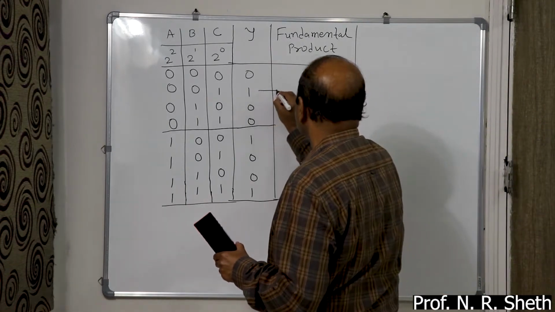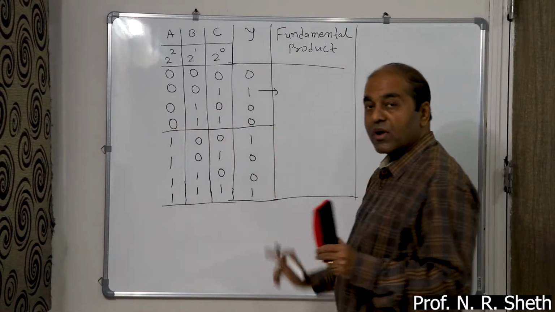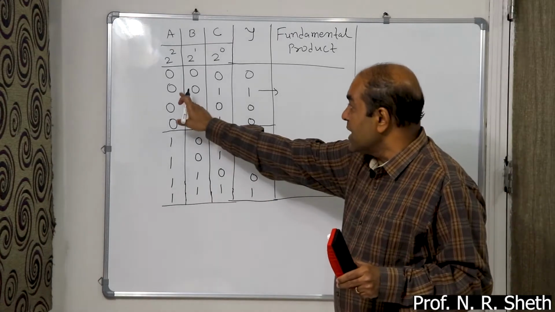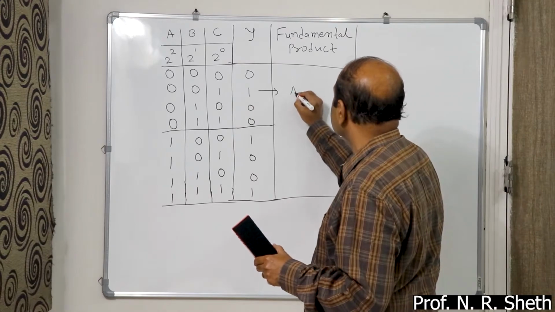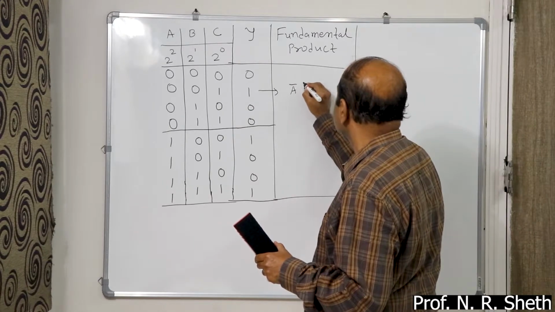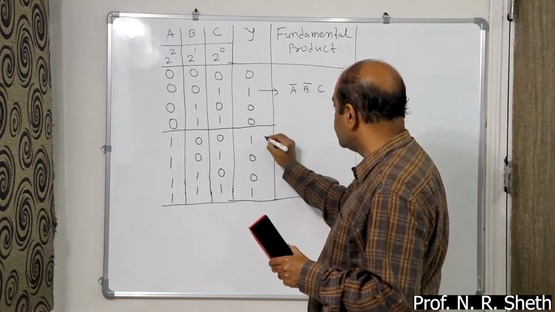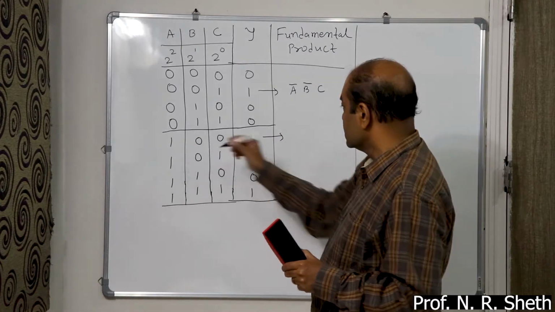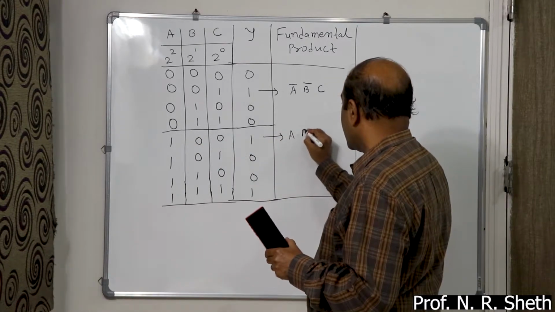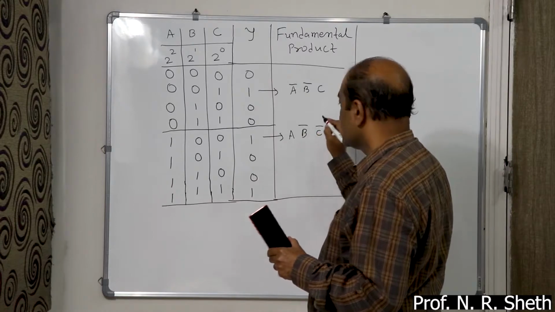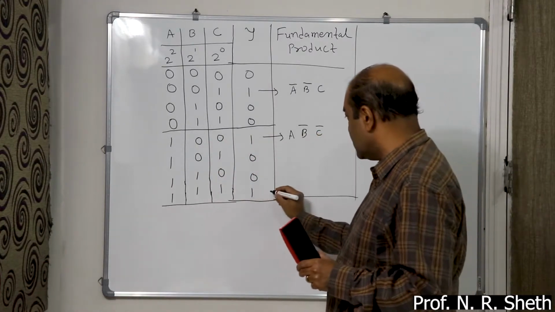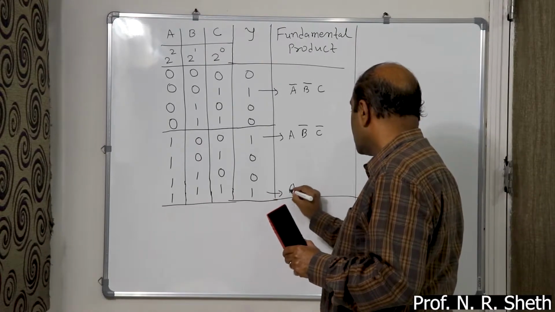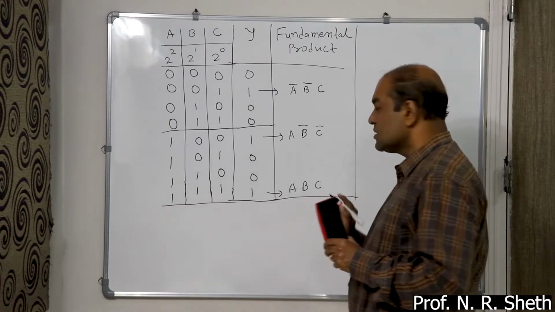Case number 1, the fundamental product is A bar, B bar, C. Here, A, B bar, C bar. And here, A, B, C.